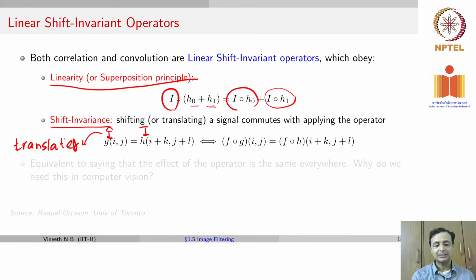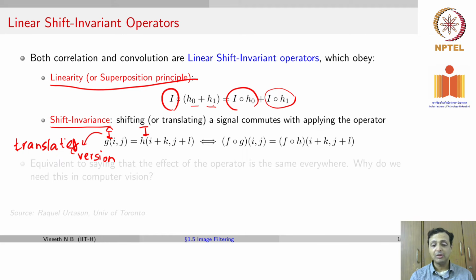Because for every pixel at I hat, defined at i comma j, the value is given by what was the value in I at i plus k and j plus l. So it's like moving the entire image I a little bit left or right, depending on what k is. k could also be negative. So this is simply a translated version of your image I.